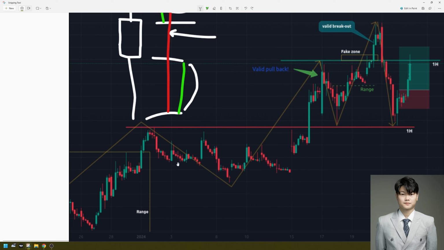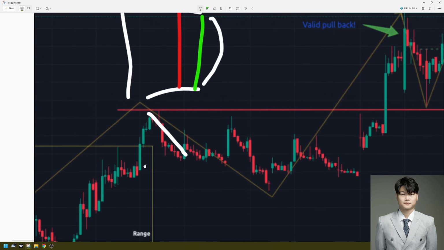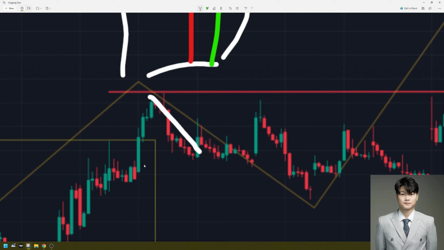You can mark that here is a valid case of the pullback, but if you cannot explain 100% about the candle by candle in this case, it means that you still do not understand the real story behind the movement right over here. Your knowledge has still not come to the highest level of the market structure.